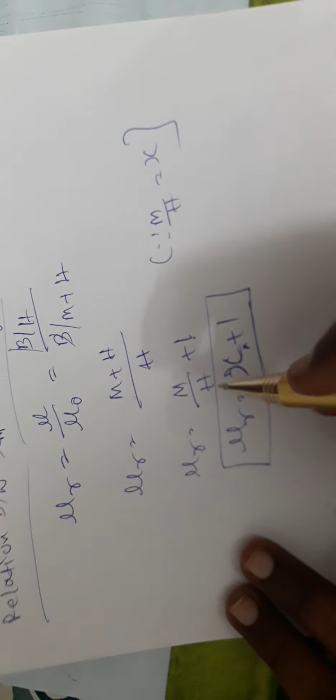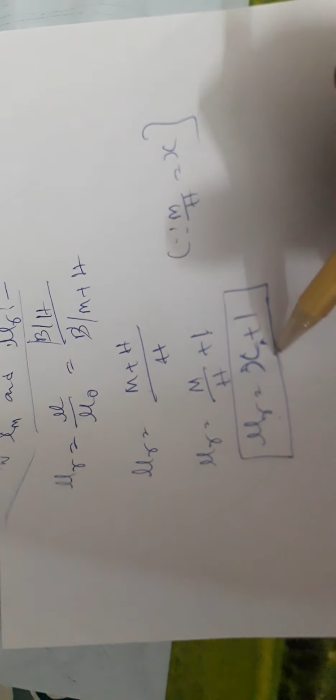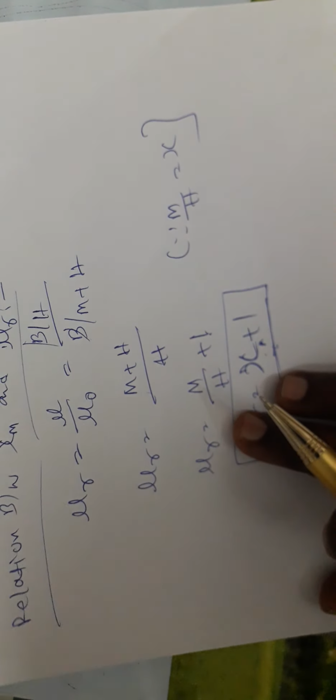This is the relation between mu r, the relative permeability, and xi, the susceptibility. Sometimes they ask in terms of derivation also. So very important definitions.